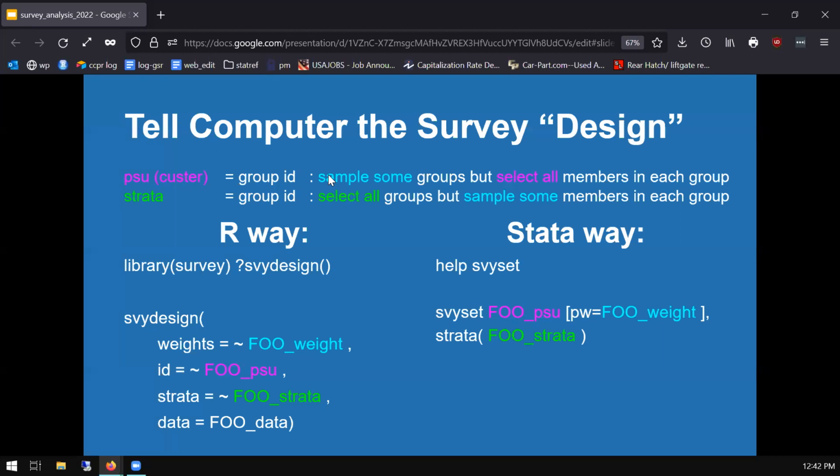But those 5 groups you pick, you select all of the individuals in that cluster group. On the other hand, for a strata group, if you have 20 groups in your population, you visit every single group, but within each group, you only sample a few of them.